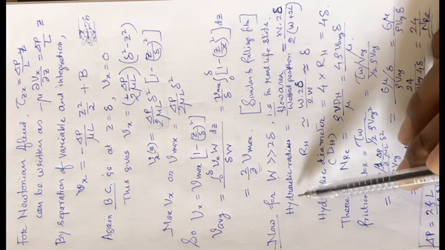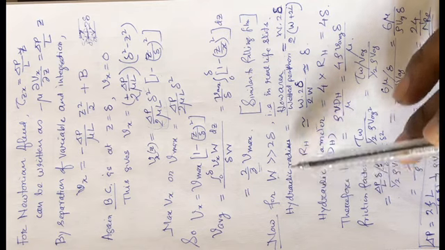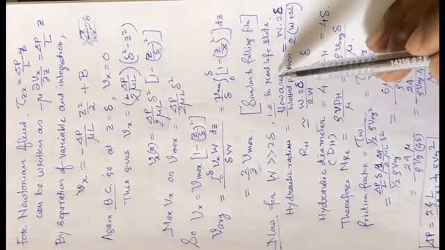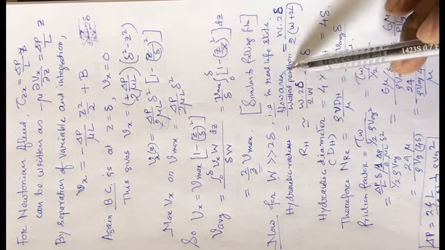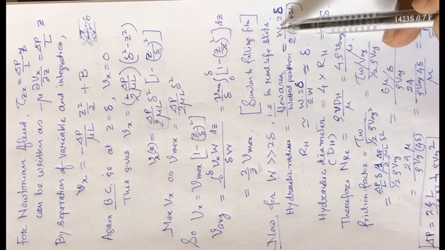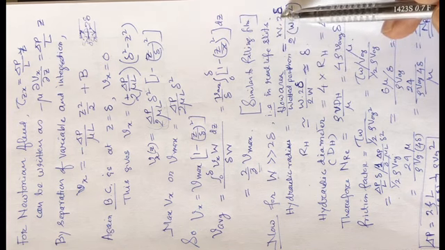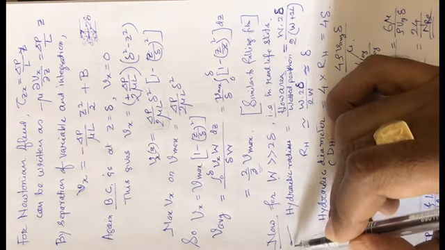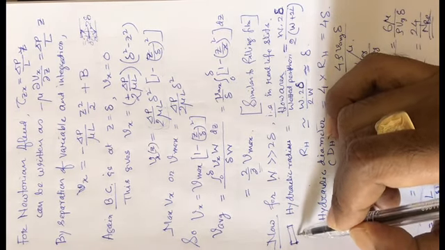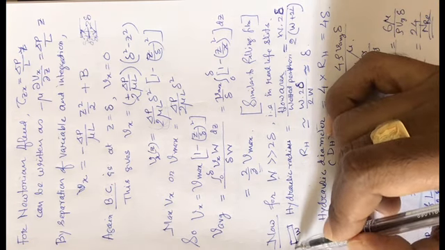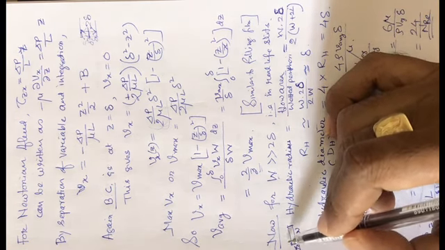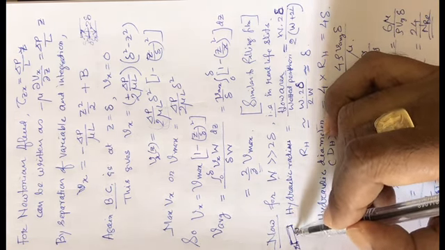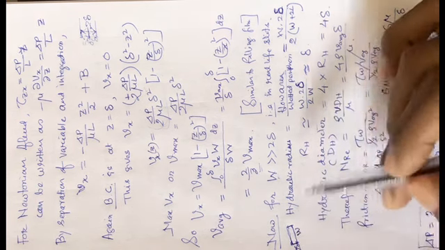Okay. Then, what is the definition of hydraulic radius? It is flow area divided by wetted perimeter. In this case, the flow area is W into thickness. So this is just like an opening, this is W and this is the flow.